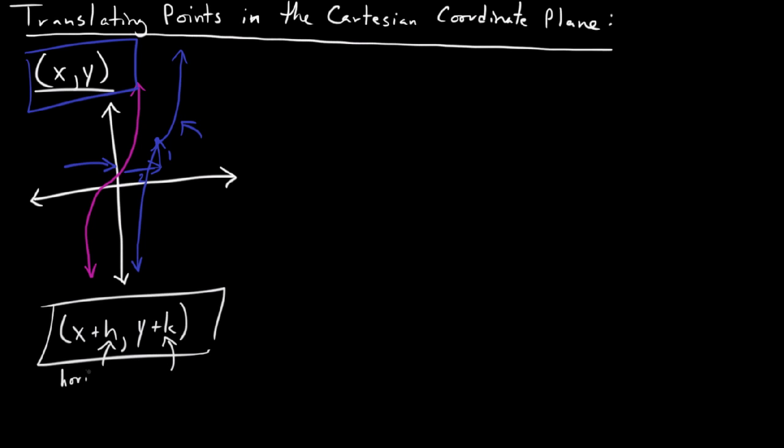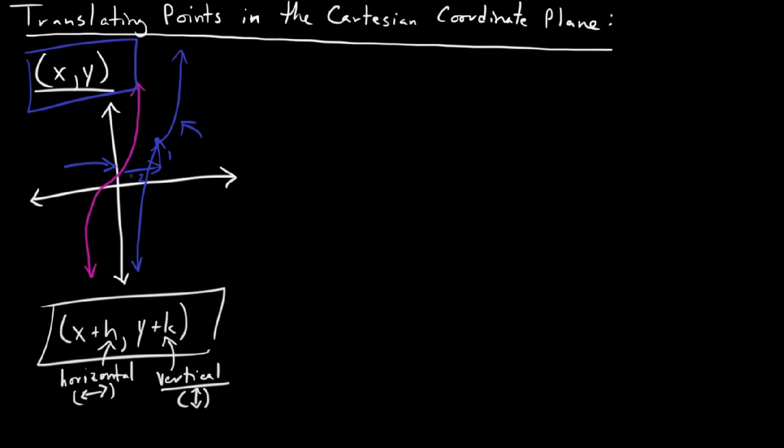I've always thought of h as horizontal. Who knows, though? A lot of people do math and they don't speak English. So h represents horizontal translation. It's good to write down dynamic notes here. And k represents vertical translation. We use k probably because it comes after h and is not necessarily a j.